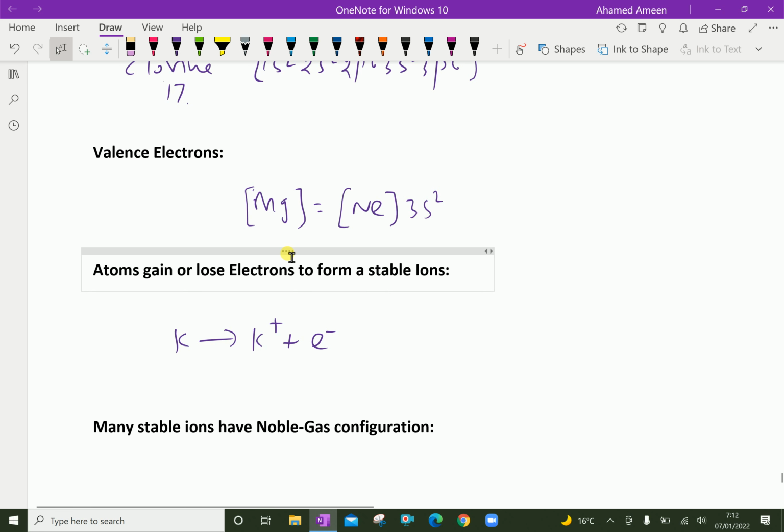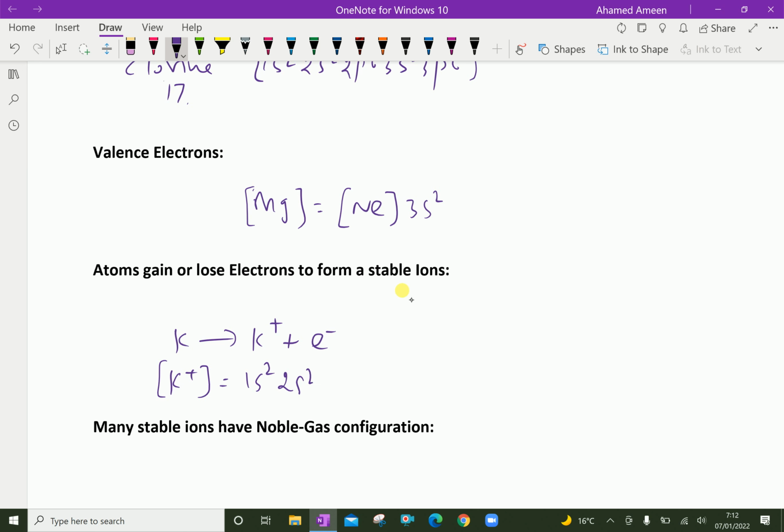An ion with a positive charge is called a cation. Therefore the potassium positive ion can be written in electronic configuration 1s2, 2s2, 2p6, 3s2, 3p6.